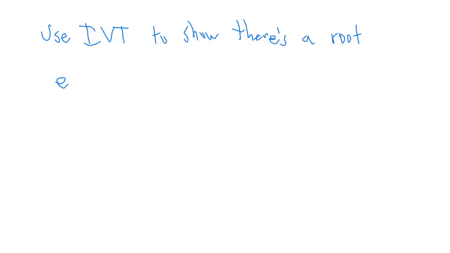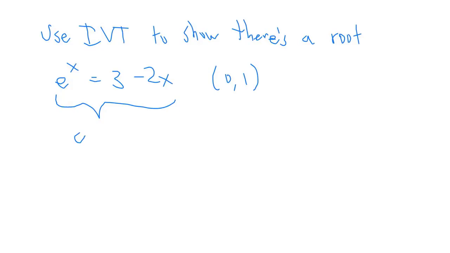Use the IVT, which is intermediate value theorem, to show that e to the x equals 3 minus 2x on the interval 0 to 1. So what you first do is you make sure that these are all continuous along the interval, and you know that because e to the x is defined between 0 and 1, and 3 minus 2x is also defined between 0 and 1. So you know that's continuous.